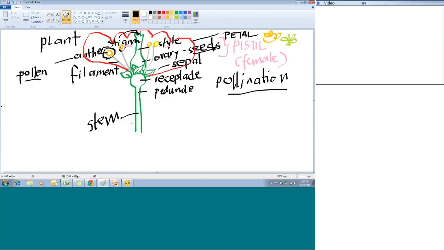Now, what are those parts of the plant which produce or absorb nutrients? First, we have the leaf. Here's our leaf. Leaf, if there's a lot, we call them leaves.